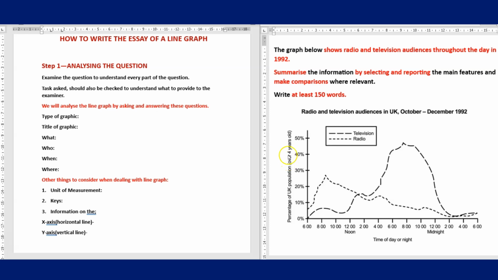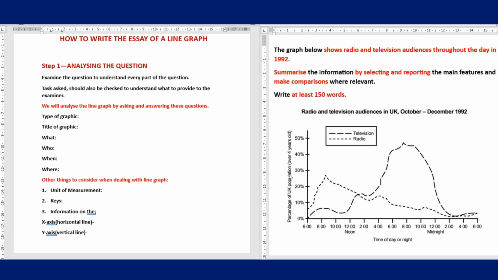So this one also gives you even more insight. So I know definitely this question is about the percentage of people over 4 years in the UK that listen to radio and watch television from October to December in 1992.